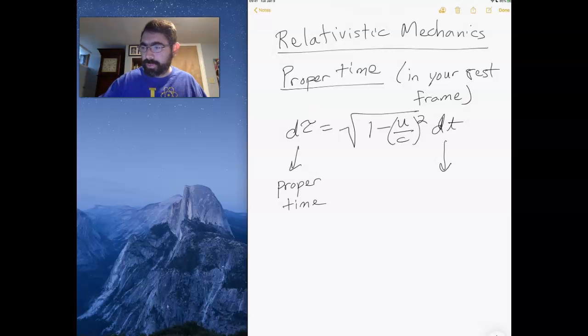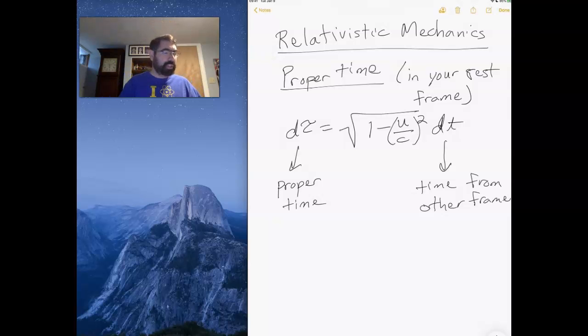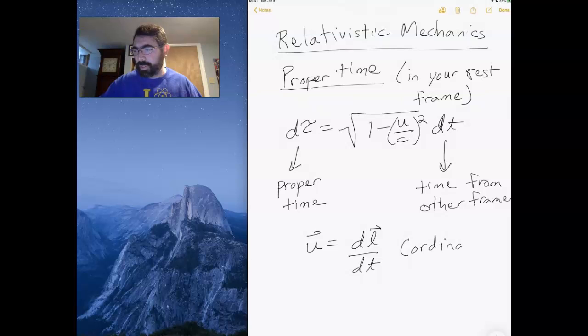And this dt is the time from another frame, which is moving with a relative velocity of u. So I've switched from using v to u. u is now the relative velocity. That velocity, u, is measured as the change in distance over a change in time, but these are ordinary velocities, because I'm not using the proper time, I am using the time of the other frame.